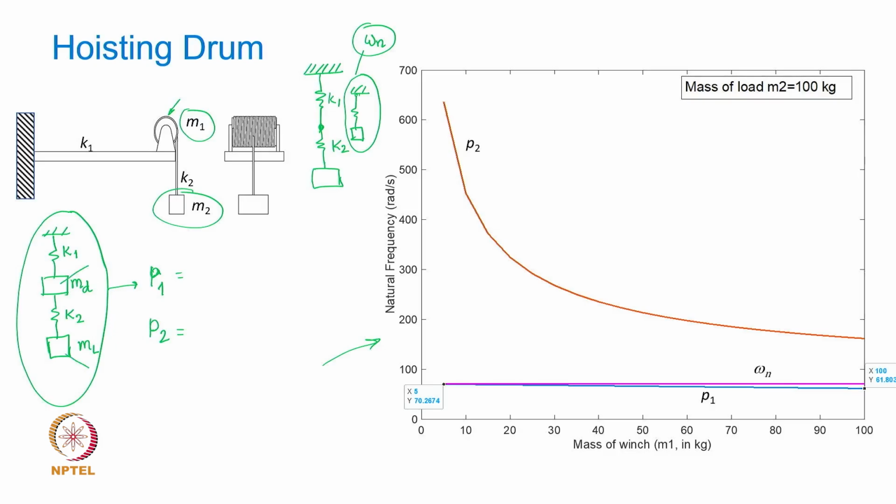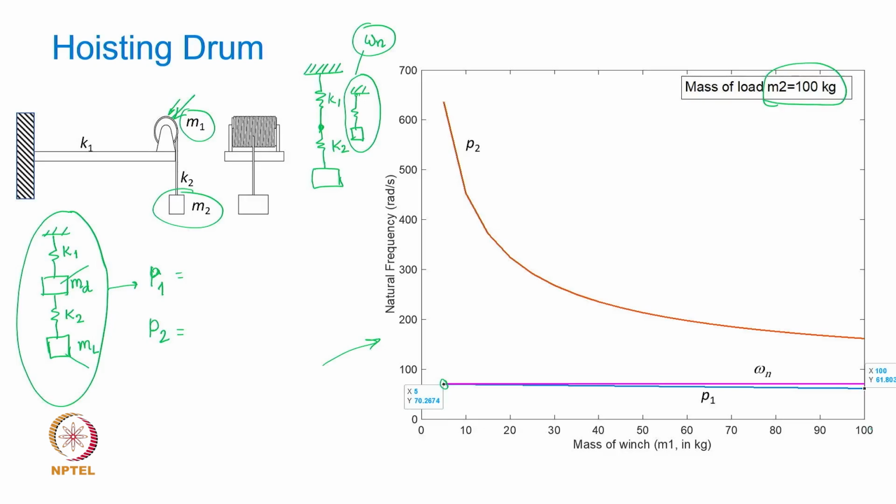For convenience, I am keeping the mass of the load constant at 100 kg, and I start increasing the mass of the drum from, let's say, 5 kgs onwards, just to know in what way the characteristic changes as we keep on increasing the mass of the drum, higher and higher till it reaches the mass of the load being lifted.